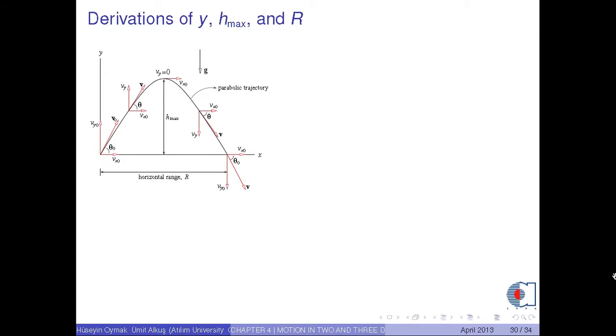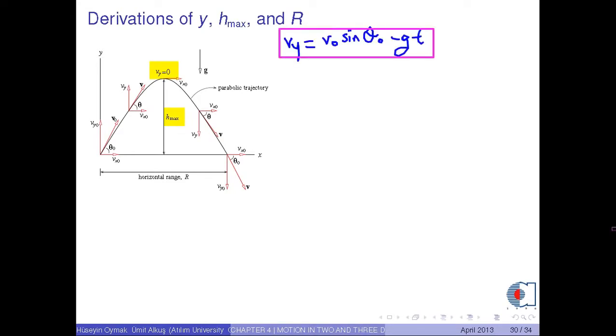At the instant the projectile's vertical speed Vy is 0, it will be at its maximum height called hmax, as shown in this figure. So, equating the equation for Vy to 0, we find the time Tmax required for the particle to reach its maximum height.